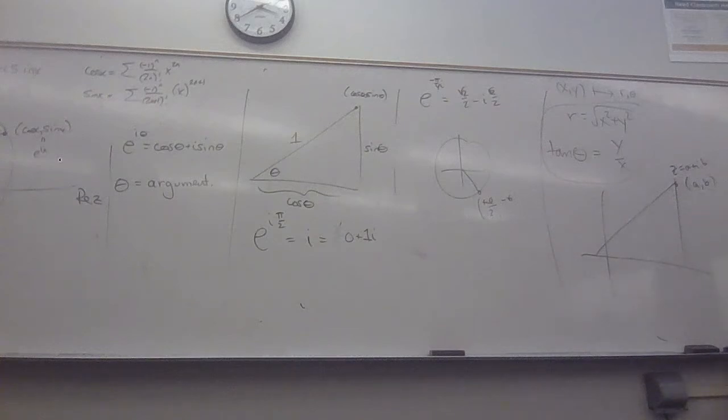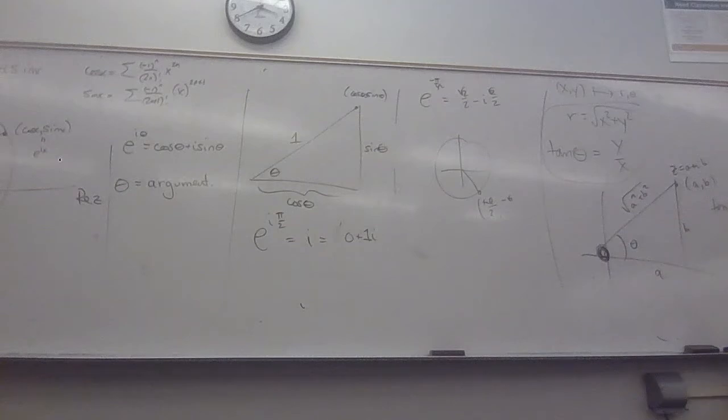There's an a on this side, there's a b here, so this side is the square root of a squared plus b squared. The theta right here is still governed by this b over a relationship. Tangent of theta is equal to b over a.